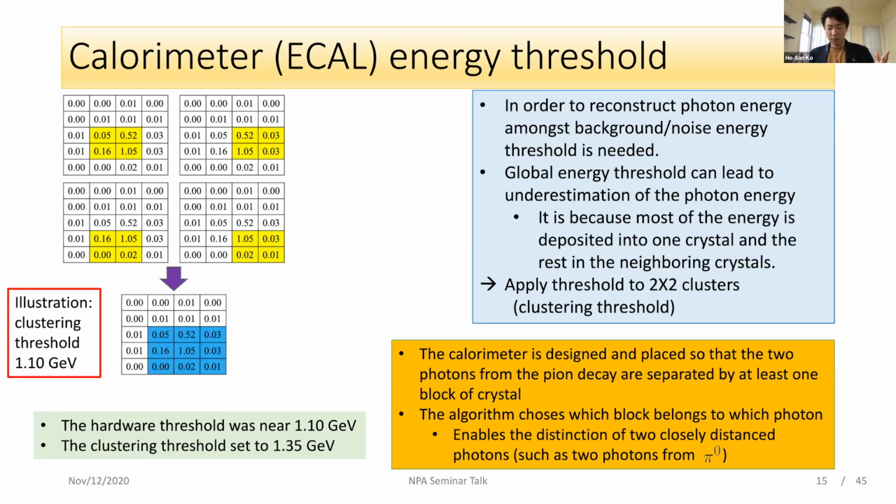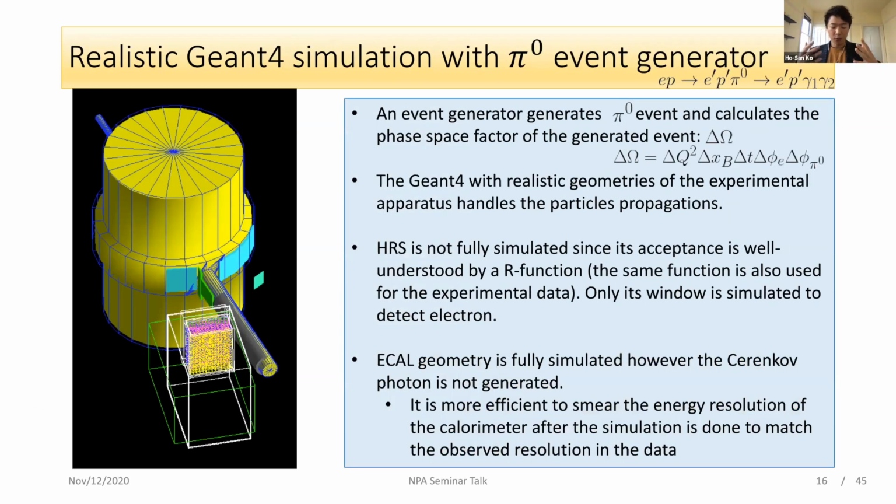So now we have built the energy and momentum of the photon, and we can reconstruct the missing mass to identify the reaction. For that process, we also use a Monte Carlo simulation to compensate for these cuts.